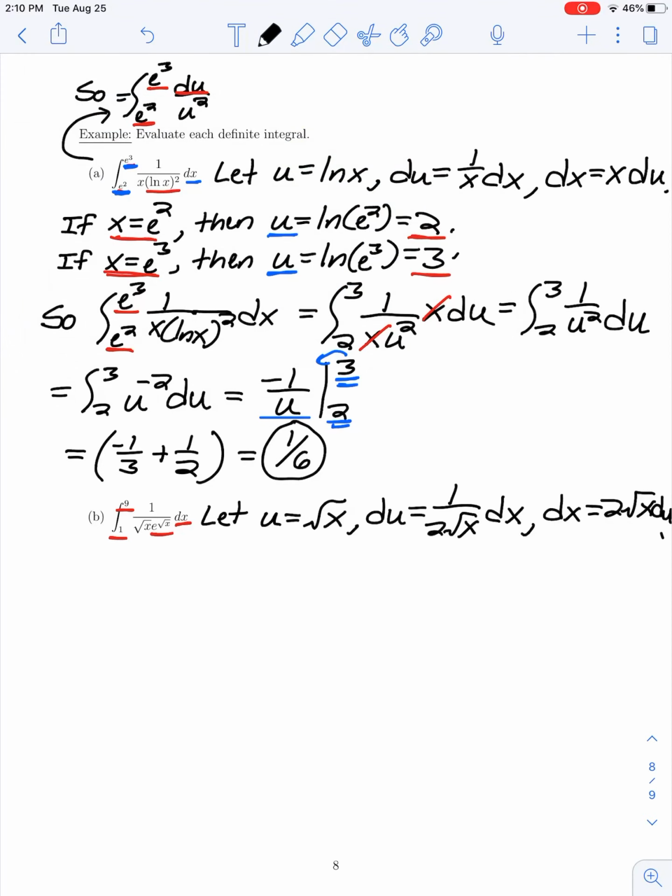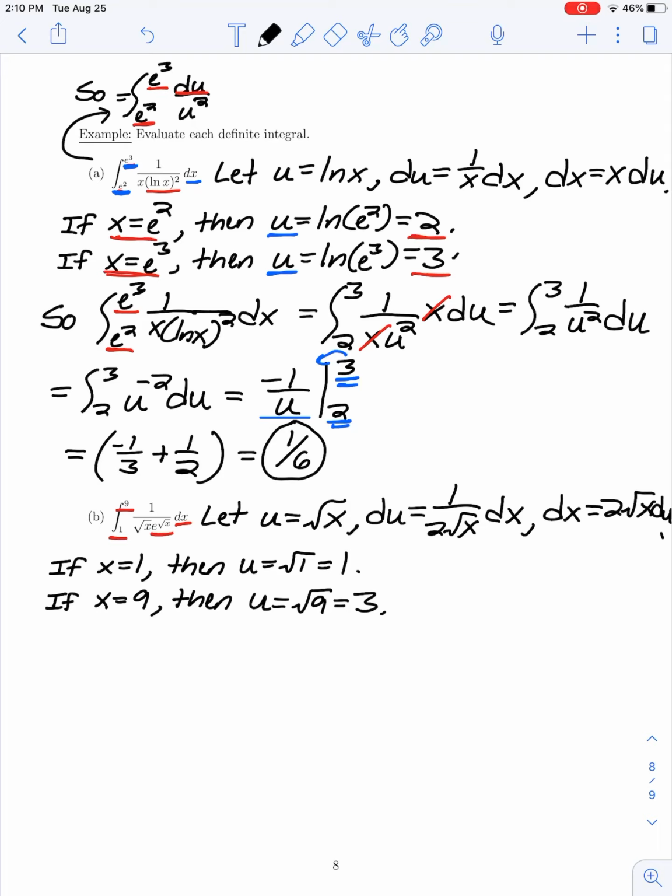So let's take a look at that here. For our lower limit of integration, x equals 1, we have u is the positive square root of 1, which would be 1. And if x is equal to 9, our upper limit of integration, then the corresponding u value is the positive square root of 9, which is 3.